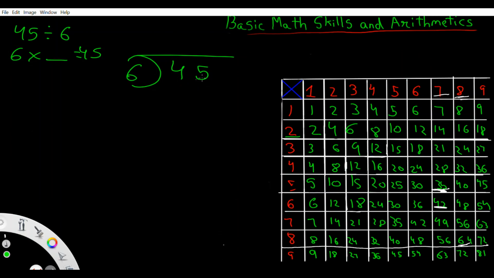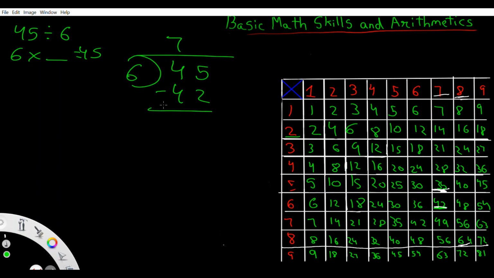So we write 45 in here and 6 there. And now we find the one multiple of 6 that is the closest to 45. So which multiple is the closest to 45? 42 is only 3 places away from 45. And 42 is 6 times 7. So we write 7 here and we write 42 here.